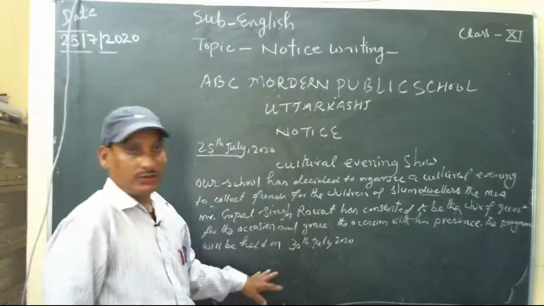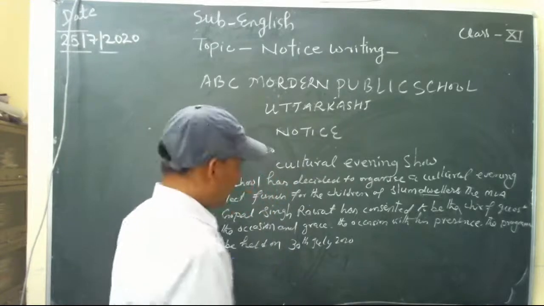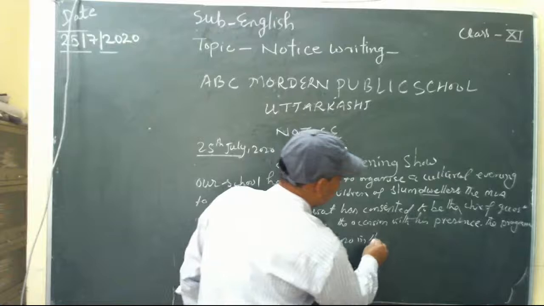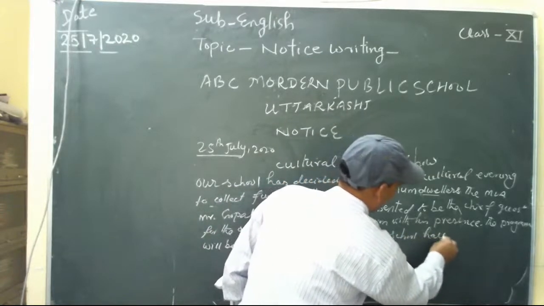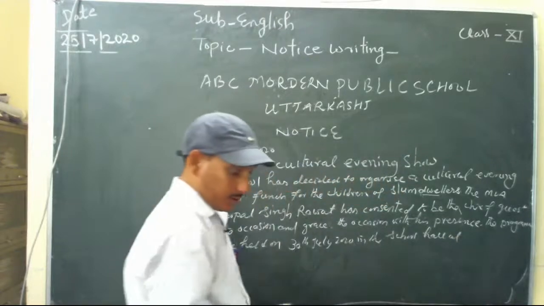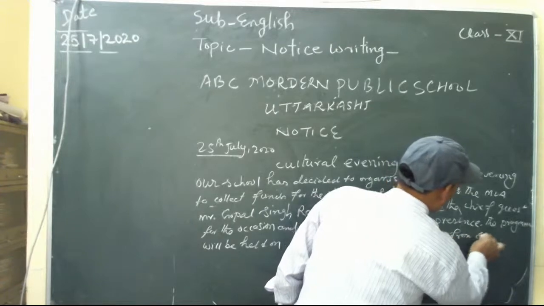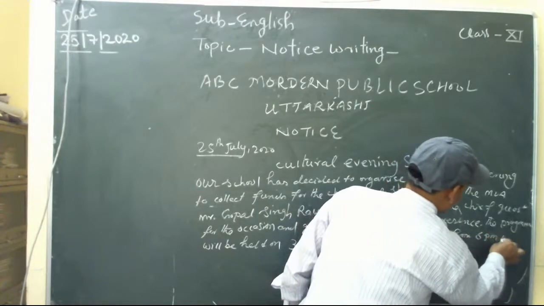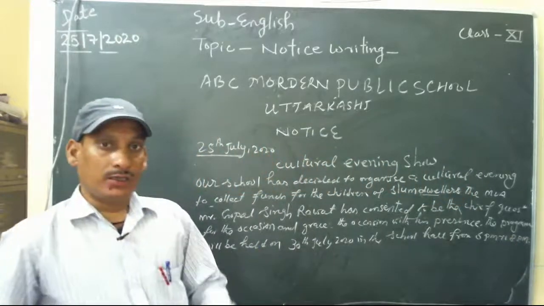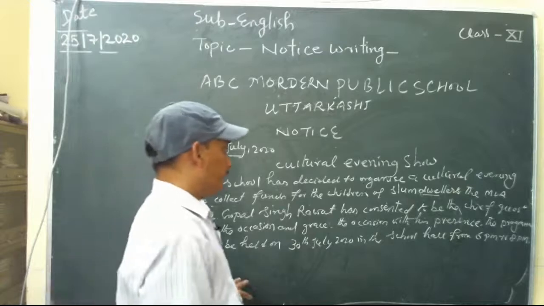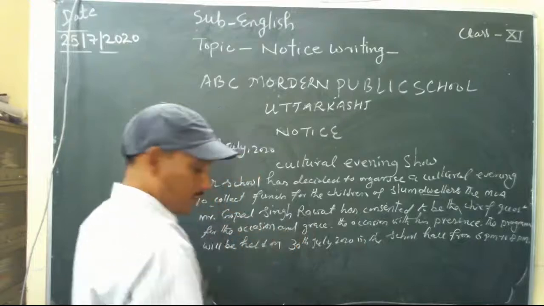This is the date on which the event will take place. But where? The place, also, in the school hall. Again, timing, from 6 p.m. to 8 p.m. So it means that the show will continue for 2 hours. The total duration of this program will be 2 hours.